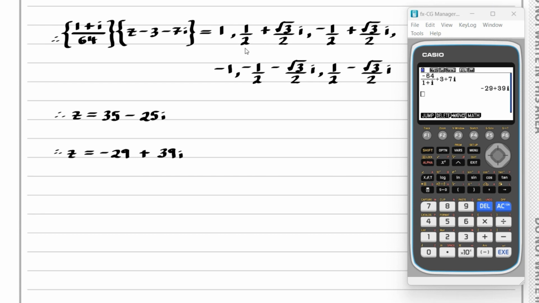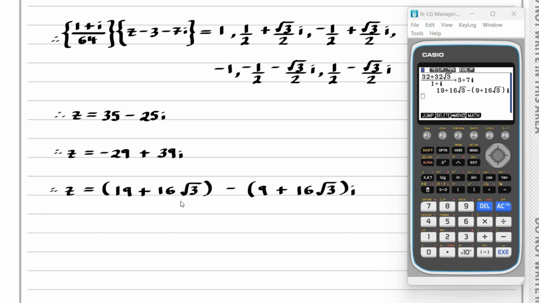Next we have 1/2 plus root 3 over 2 i multiplied by 64. So that's going to equal 32 plus 32 times the square root of 3. And if I work this out, I get my next solution as 19 plus 16 root 3 subtract 9 plus 16 root 3 i. Next we have negative 1/2 subtract root 3 over 2 i multiplied by 64.